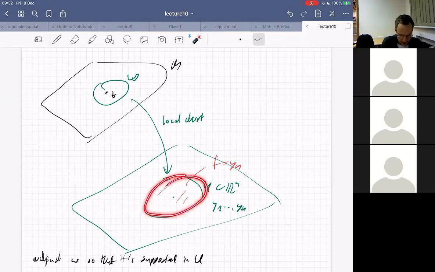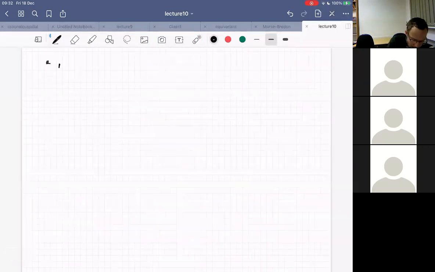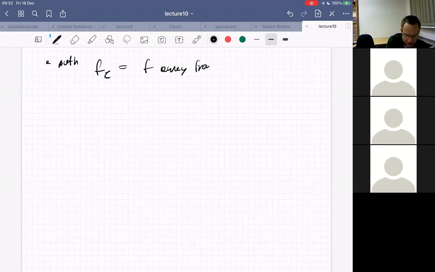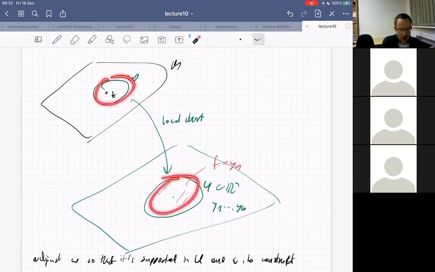So adjust omega and epsilon as above to construct a path f tau equal to f away from W and beta omega in W, by identifying this part and that part.